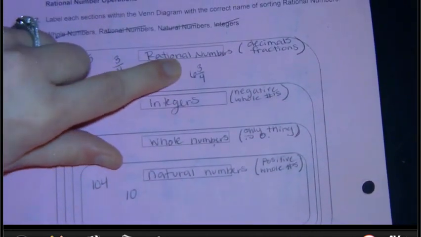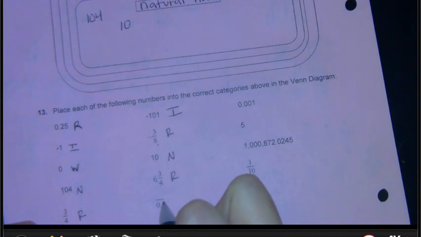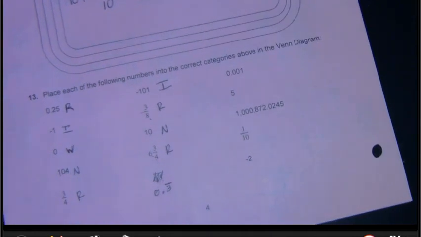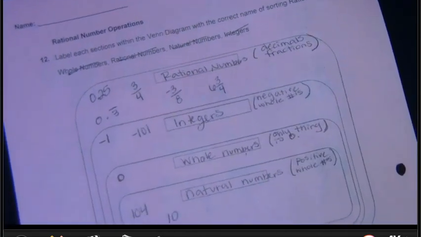That's what those are called, mixed fractions. All right, 0.3. That line is supposed to be written as 0.3 repeating. That number is a decimal that goes on forever and ever, and this also goes into my rational category.